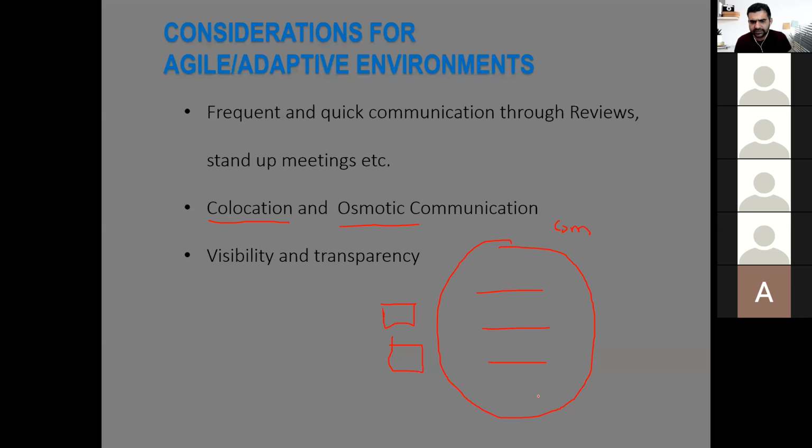And visibility and transparency. The work the team does is very visible, very transparent. Again, the purpose is not to keep an eye on what people are doing. The purpose is to remove the bottlenecks.